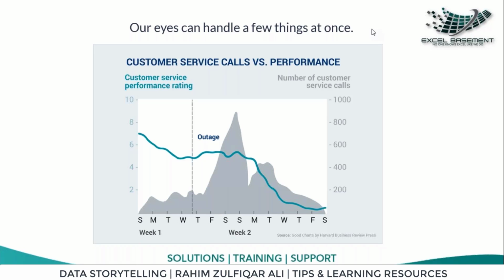Or maybe we are interested in whether the number of customer service calls is increasing or decreasing. So in one chart we have a lot of things, but we analyze the data few things at once and then we come to the next. So this is the pattern which we generally follow when we see visualization objects.